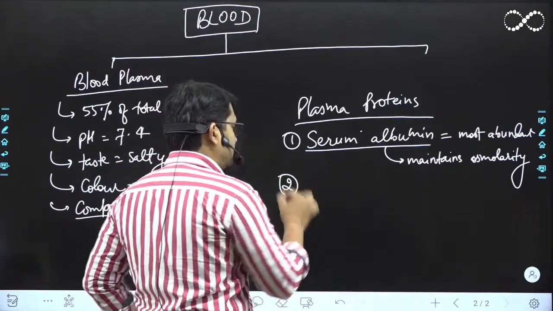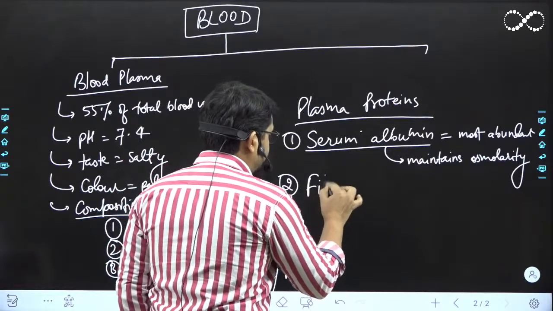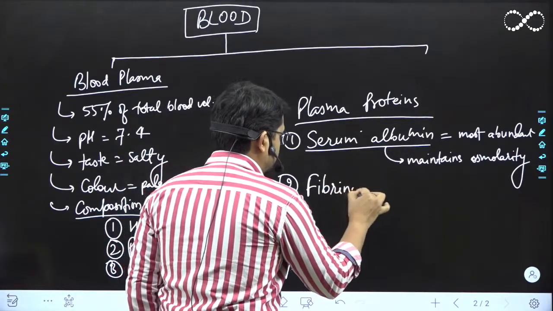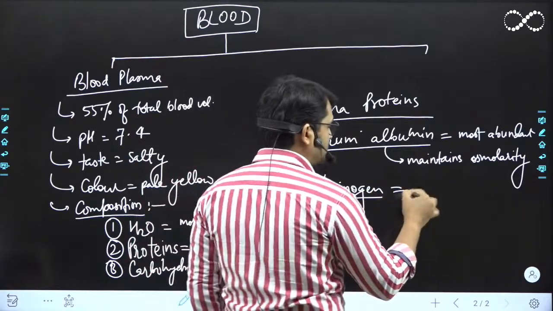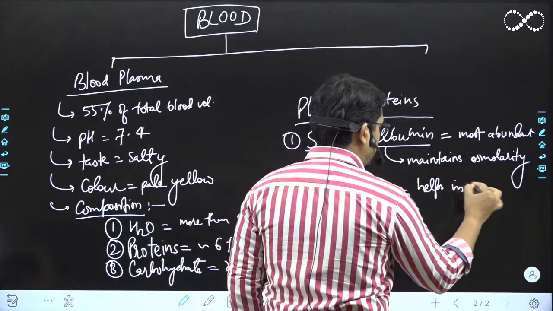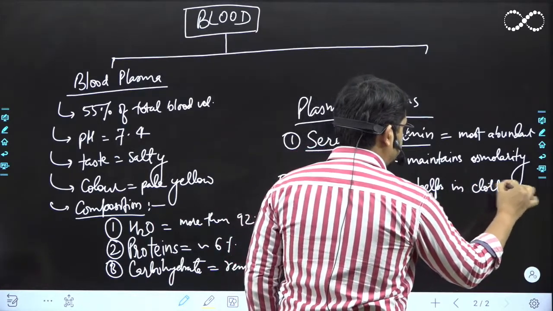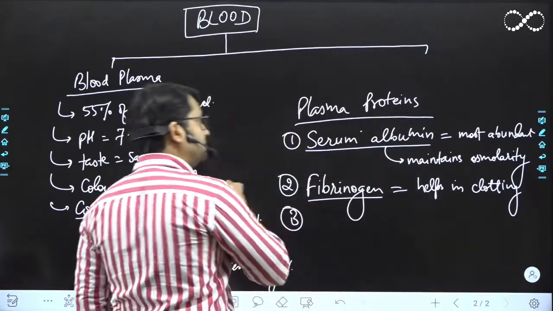What are other proteins? The other proteins consist of fibrinogen. किस में हेल्प करता है? It helps in blood clotting. यहाँ पे सिर्फ clotting में लिख रहा हूँ. Okay? What are other plasma proteins?